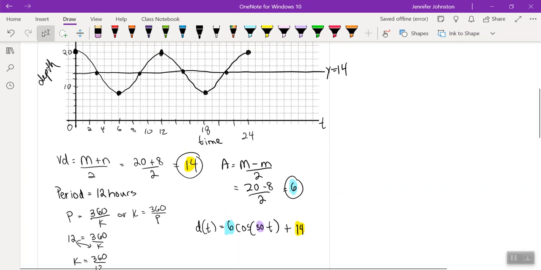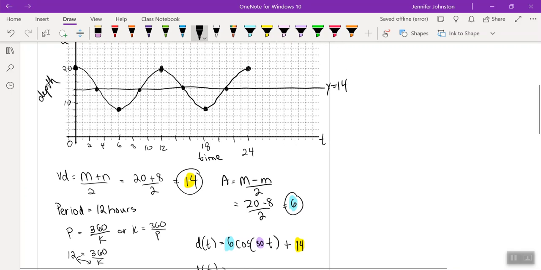If you really want to see sine, this is what sine is going to look like. D of t is equal to, remember sine starts at the origin, then goes up, then down and up. So sine is not going to start here, but sine starts right here. This is where sine is. We just did the equation for cos. So that's perfect. There's no phase shift. We start at 0 and it keeps on going like that.